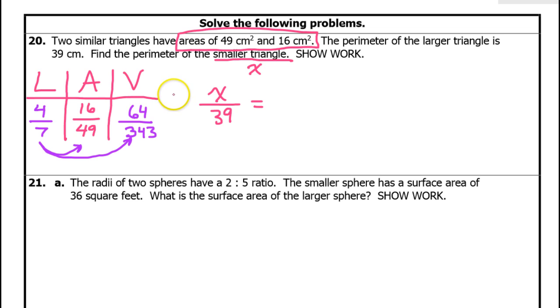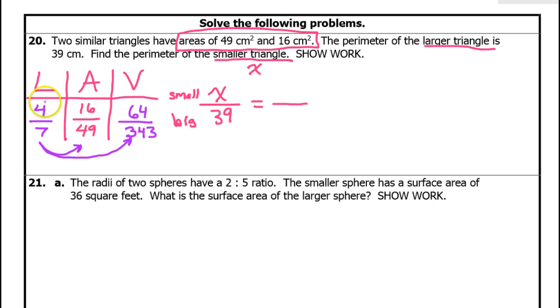Now, in the back of your mind, keep track of the fact that this is the small perimeter, and the 39 is the larger perimeter. So we have small over big. The point of taking note of that is we have to know which number to put on top. When we talk about perimeter, is perimeter a length, an area, or a volume?